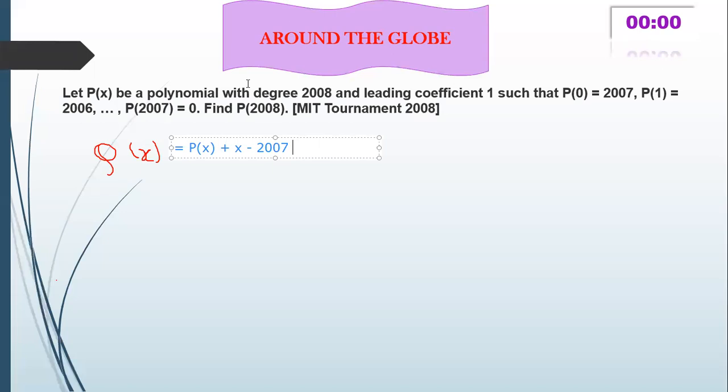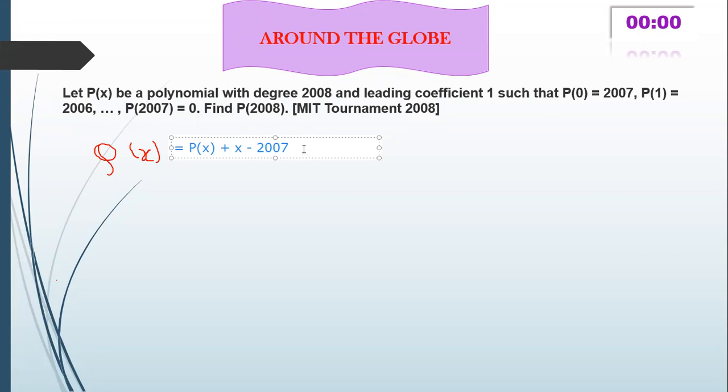Again, if you put x is equal to 1, then you will find 2006 plus 1 minus 2007, that is minus 2006 plus 2006, which is again equal to 0. Now for any value of x belonging from 0 to 2007, I am not getting you, Utkarsh.